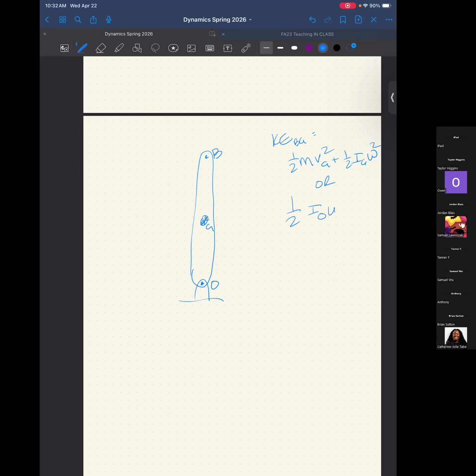Sorry, these need squares. Would there be a way of doing it at point B instead, without using the parallel axis theorem? But why would you need to? Omega is the same no matter where you take it. Yeah, but the vG wasn't. vG doesn't come up if you do the fixed axis rotation version. But you still need a velocity to do the work and energy when it hits.